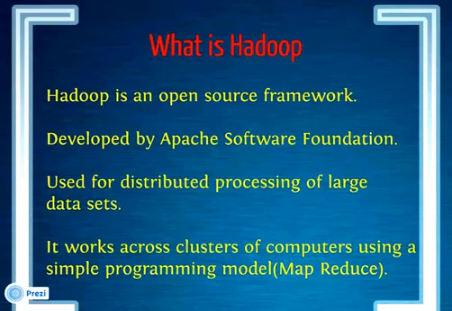Apart from this similarity between the school example and Hadoop, there is one more similarity. In the school, the principal was not checking the answer sheets, he was simply distributing the task among the teachers. You can say that he is the master or the controller. Similarly, in Hadoop, out of multiple machines, one machine is working as the master machine and the remaining machines are working as slave machines.